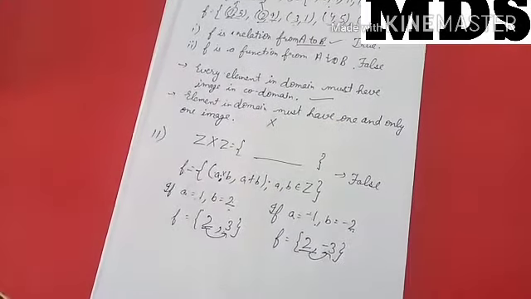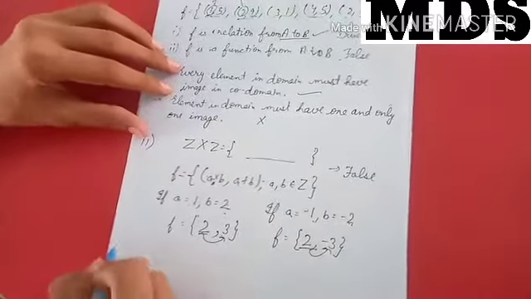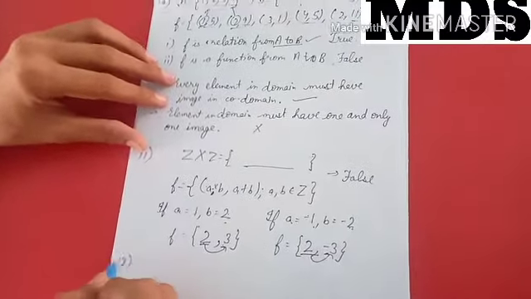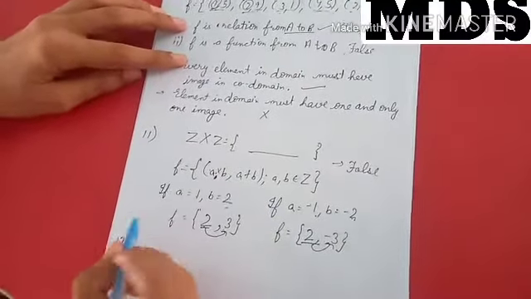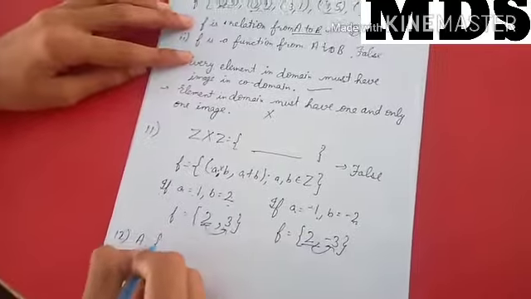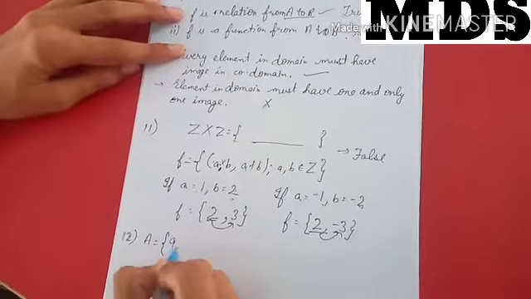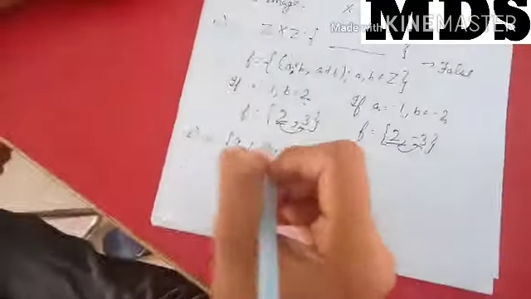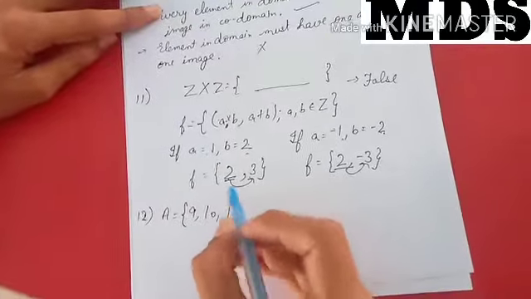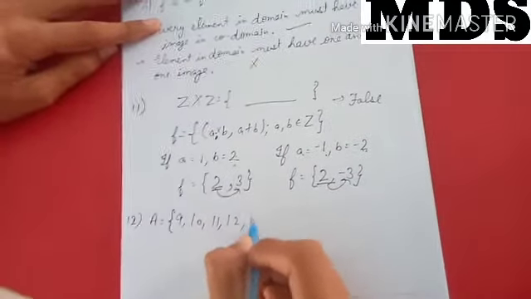Okay, now the last question of this miscellaneous exercise. Let A be the set given to us: A is 9, 10, 11, 12 and 13.